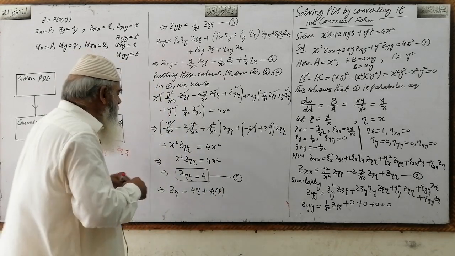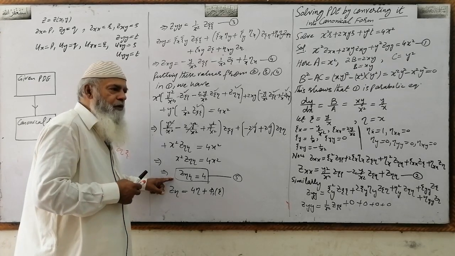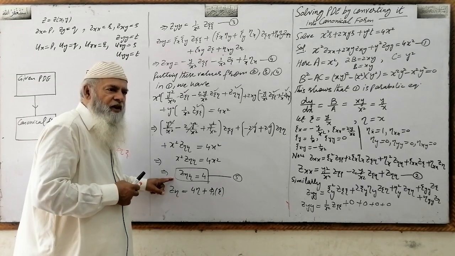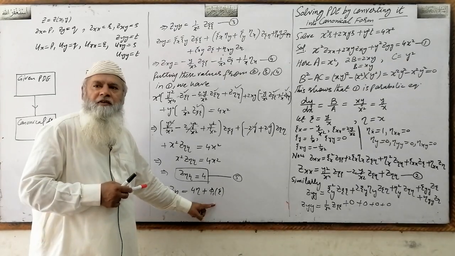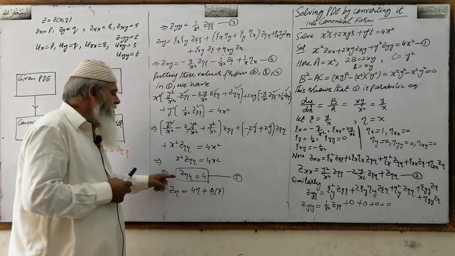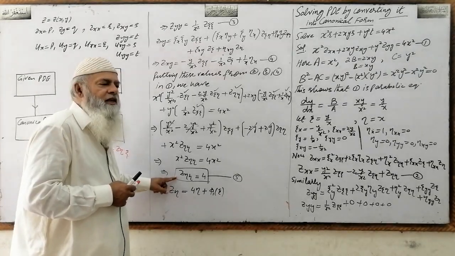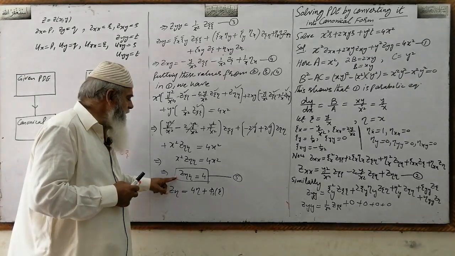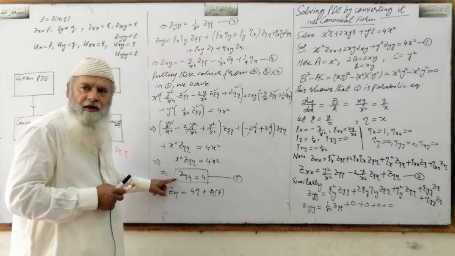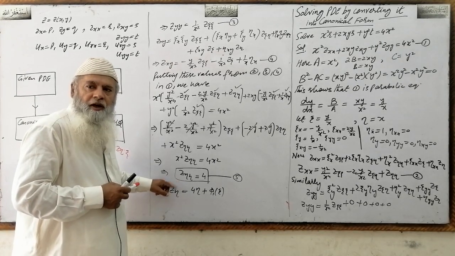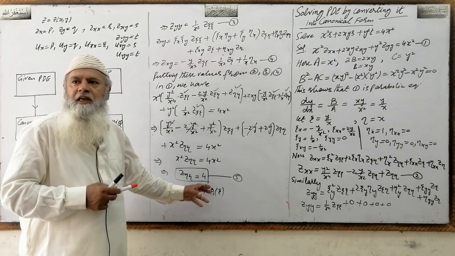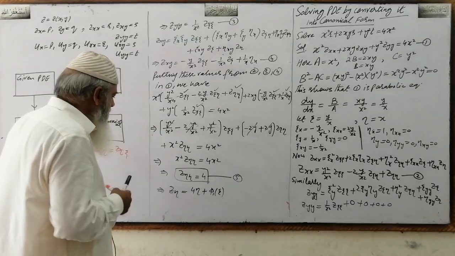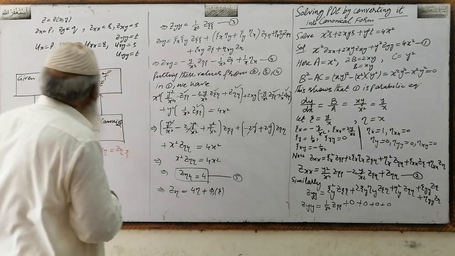I have already told you, when you partially integrate with respect to one variable, then the constant of integration may be a function of the other variable. Originally z is a function of two variables, xi and eta. When you are taking its partial derivative with respect to eta, then the constant of integration may be a function of the other variable which is xi. Now once again we have to integrate it.